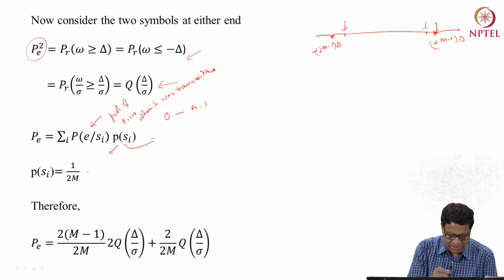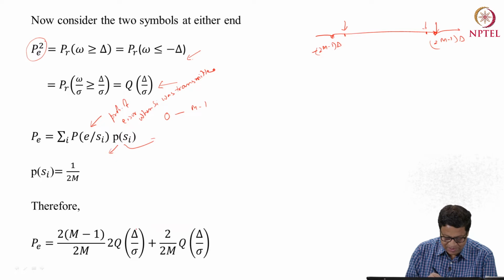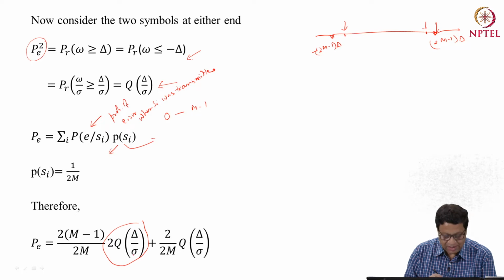Therefore, for the probability of error, I have added both those probabilities. So remember, we had this 2Q(delta by sigma), and also we had Q(delta by sigma). So this is for 2 points, so that is why this factor of 2 comes here.